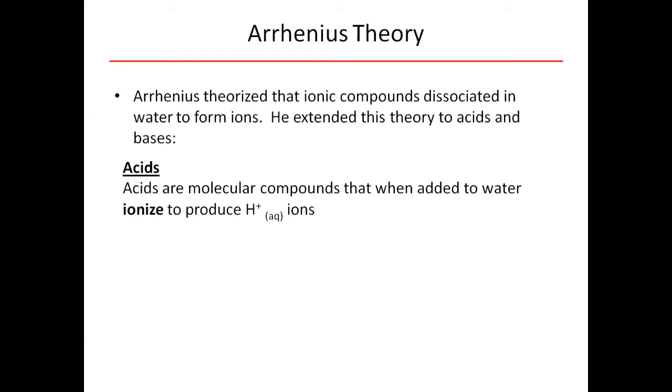The hydrogen that's released as an ion, for example from HCl, is covalently bonded to that chlorine. So they're not ions. But in the process of that hydrogen being released, the hydrogen ion, it forms an ion. And so that's why we call it ionization.